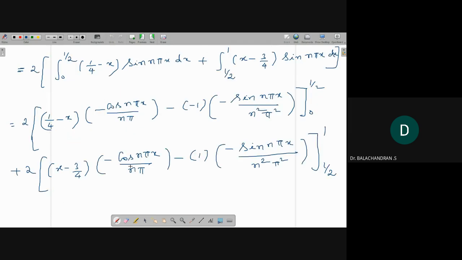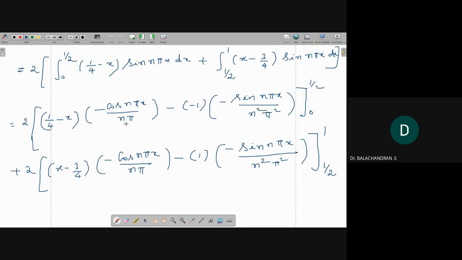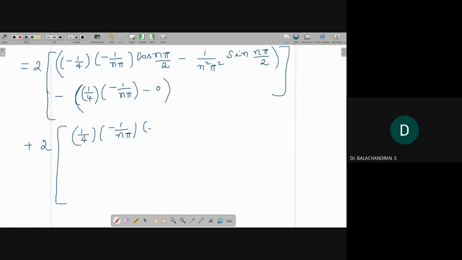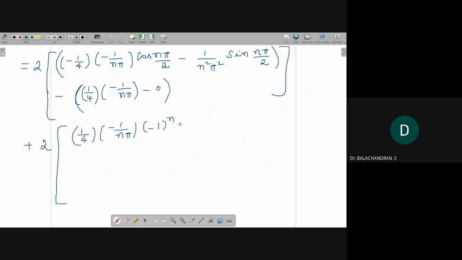Here minus 1 by n pi, and then when x is equal to 1, cos n pi is minus 1 whole power n. Okay, and then when x is equal to 1, sine n pi is 0. Okay, so plus 0.